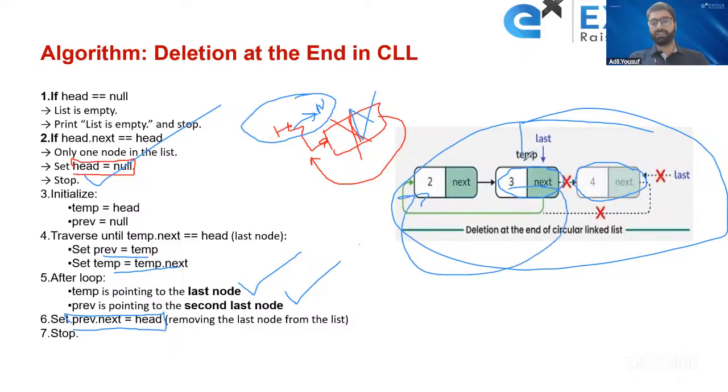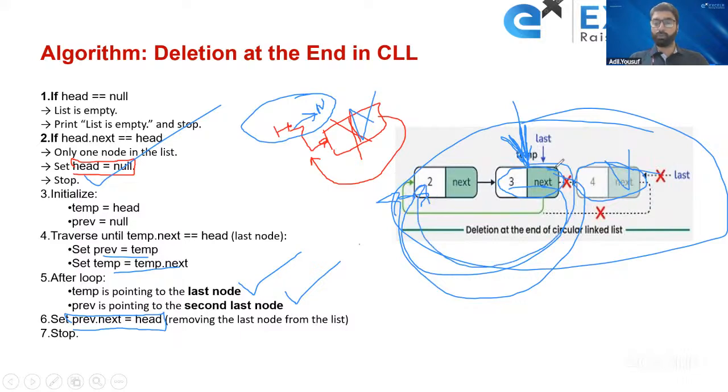See, why do we create this previous? For what purpose did we create it? To keep track of the previous node. Only if we keep track of this previous node can we say that previous will point to head. Otherwise, if it was not a circular link, there was no need to keep track of previous. Once we remove the last node, we should know the address of the previous node, only then can we say that this node will point to head.